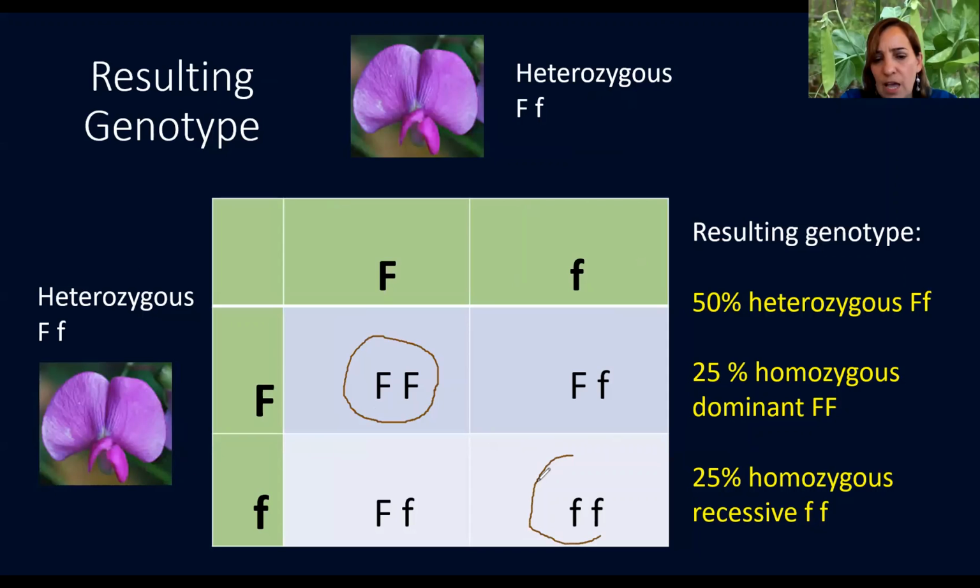Another 25% will be homozygous recessive. And this is the 50% of heterozygous. This is the genotype.